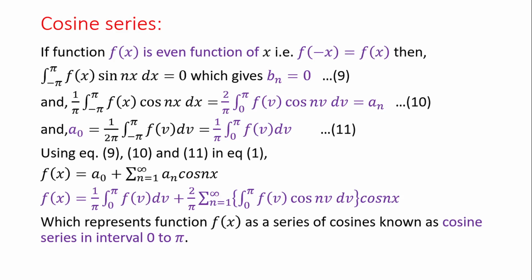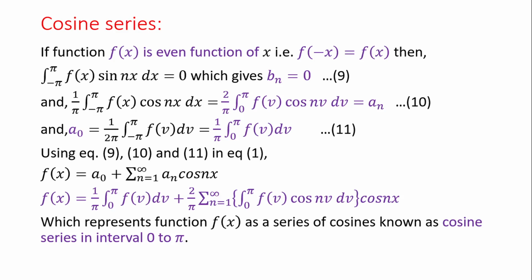In that case, the integral from minus pi to pi of f(v) dv is equal to 0, so a0 equal to 0. The integral from minus pi to plus pi of f(v) cos nv dv is again equal to 0, since f(v), that is f(x), is an odd function, so an is also equal to 0. So a0 and an are both equal to 0 for f(x) as an odd function.